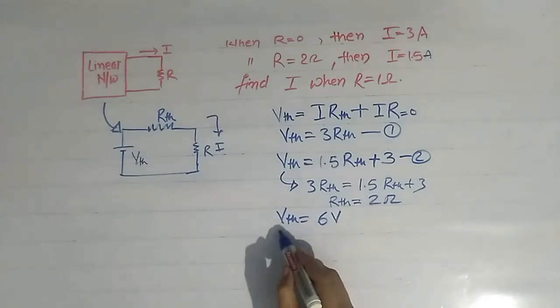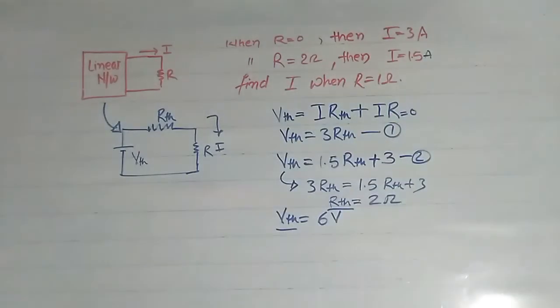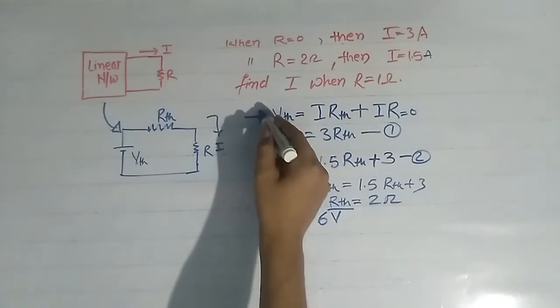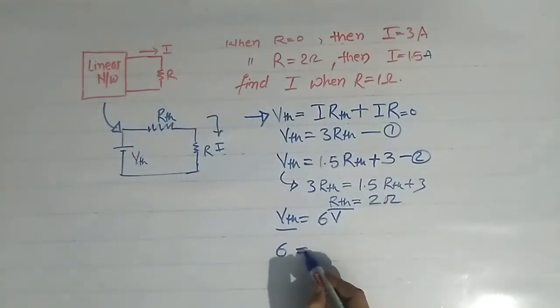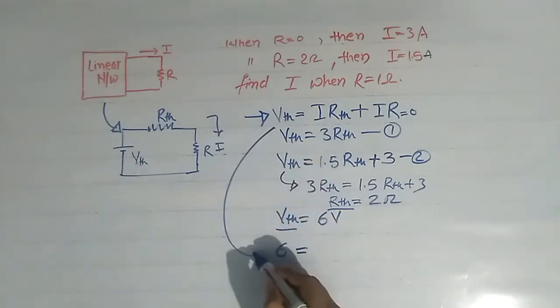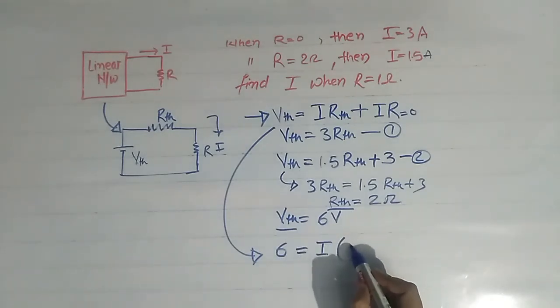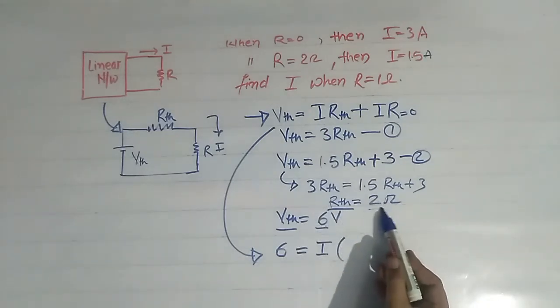So after getting VTH and RTH, now we can find the current I when resistance R is 1 ohm. Here we are using this equation. VTH is equal to 6 and we have to find current I. RTH is this 2 ohm.